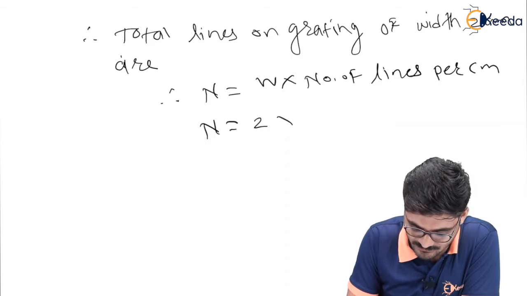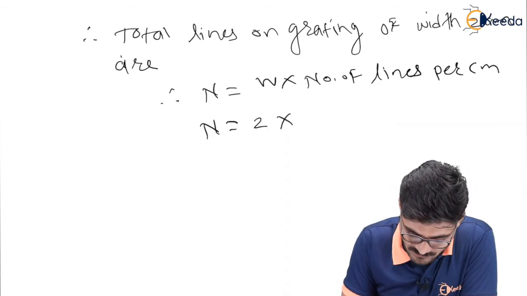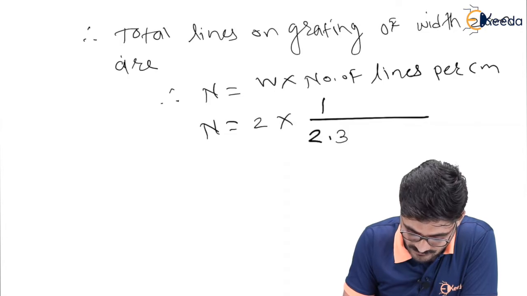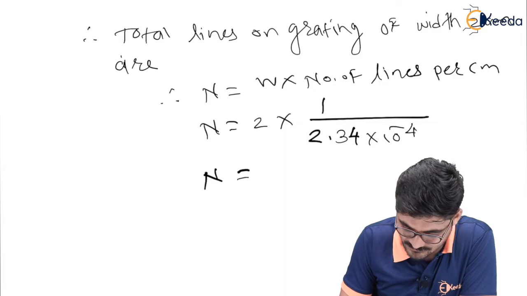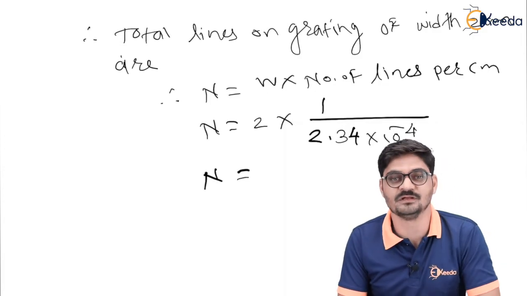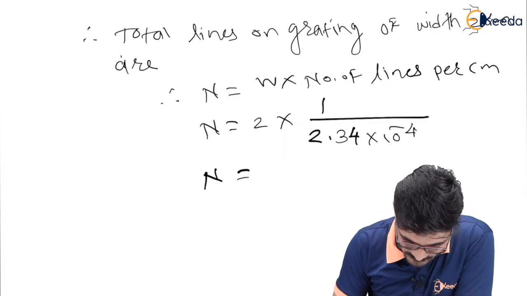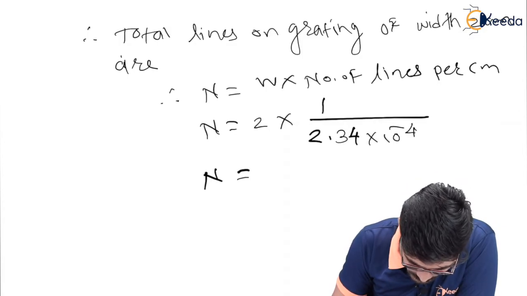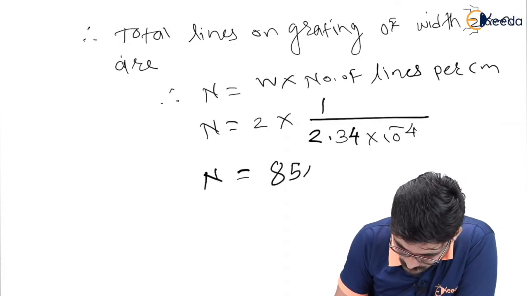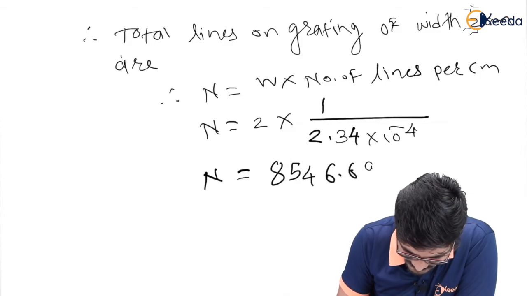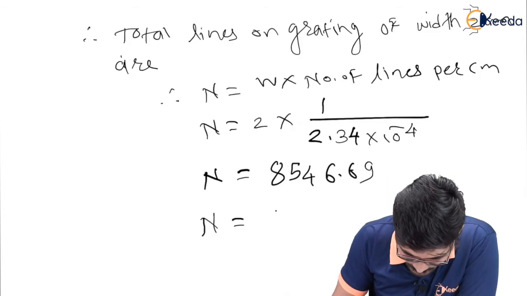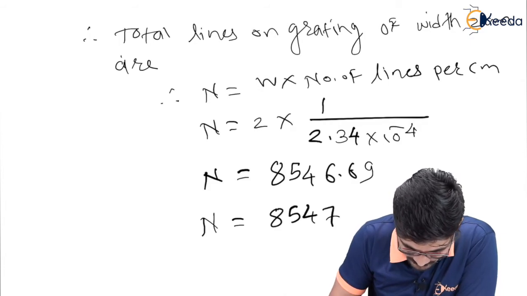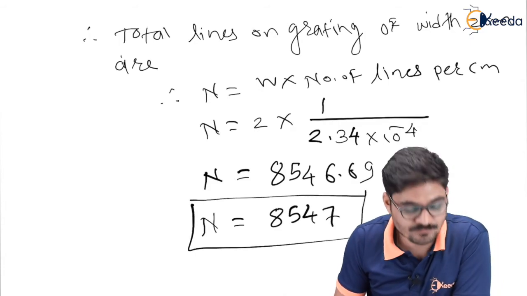W is 2 centimeter and number of lines per centimeter was 1 upon 2.34 into 10 raised to minus 4. Calculate it using calci. Therefore, you will get the answer 8546.69. You can convert it into 8547 lines. Is it clear?